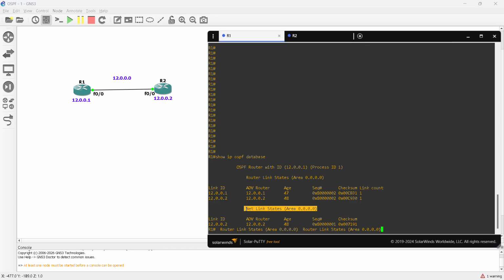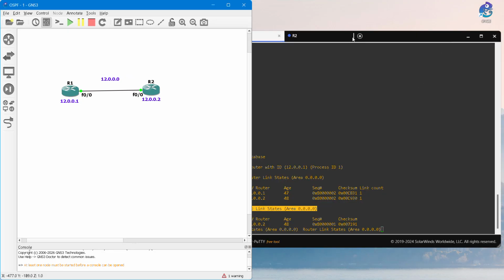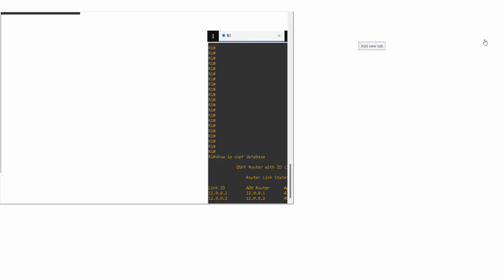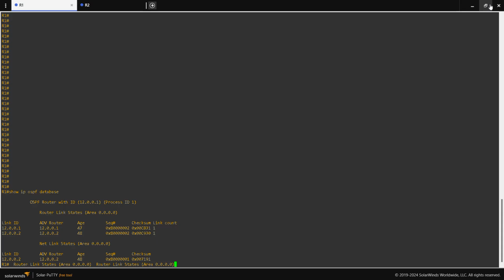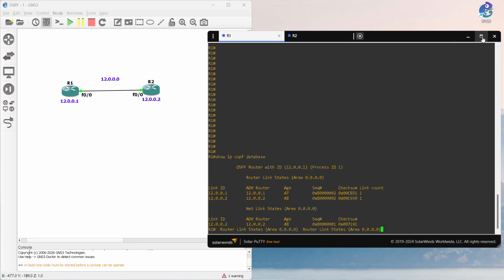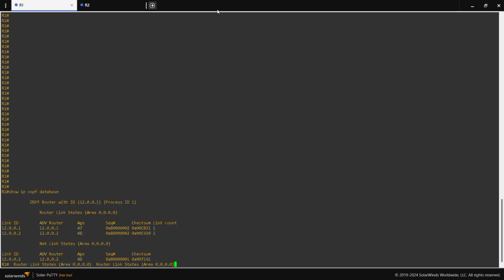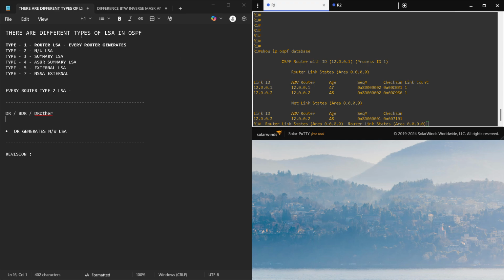Now let's understand about it. As we learned, there are different types of LSA in OSPF. Now we'll learn about the network LSA. It's a type 2 LSA, and DR generates network LSA.